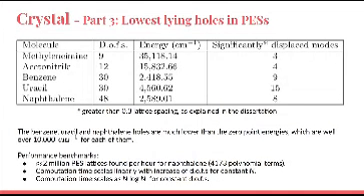Now finally, it's time for some results. The first column here is the molecules that we inspected. The second column is the degrees of freedom or the dimensionality of the PESs of these molecules. The third column is the energies of the lowest lying holes of these molecules.